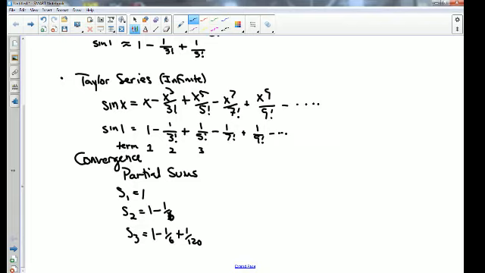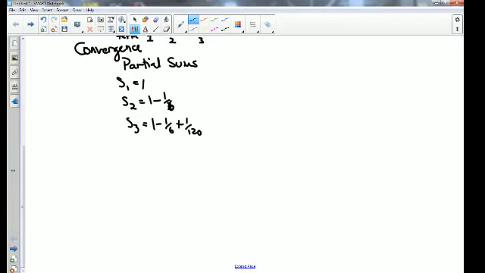Okay, S4, and plus 1 over 7 factorial. Come on, what's 7 factorial? Anybody? Let's see. I'm so smart that I know it's 5040, because I can read.